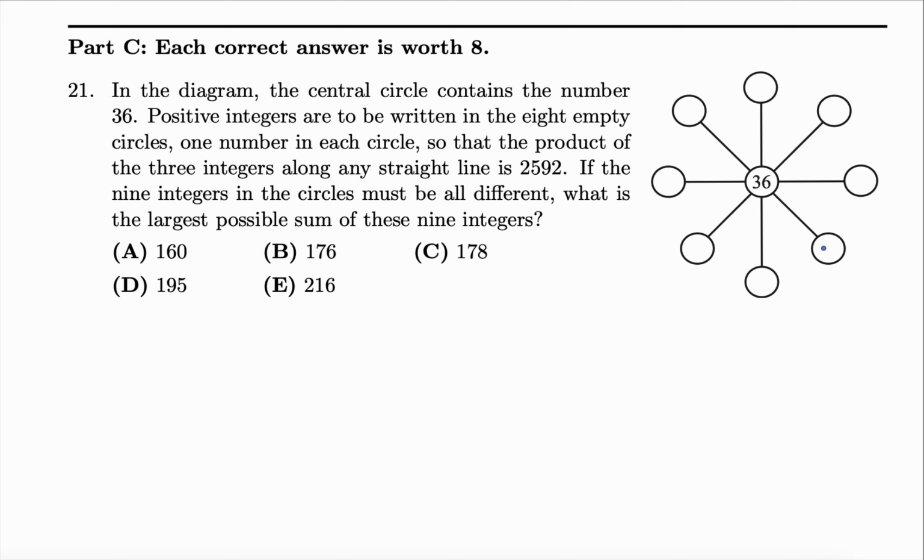Interesting question. So here's a thought experiment. If you want to produce the largest sum, you want these numbers to be as different as possible. And what I mean by that is this.